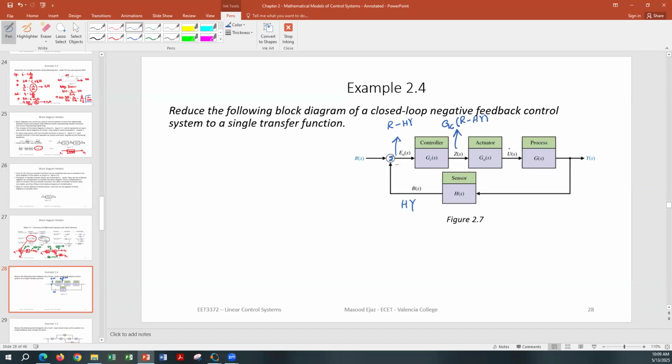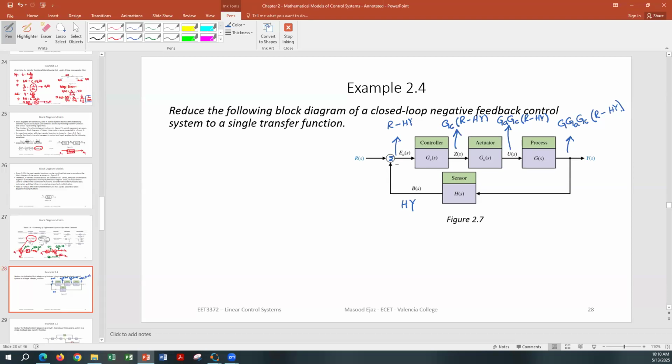That's multiplied to produce U(s), and that's going to be GA GC (R minus HY). And finally, this is going to go through the process with the gain G(s), and the output is produced. The output will simply be G times GA GC (R minus HY). So that's your output expression. And again, remember, everything is a function of s.